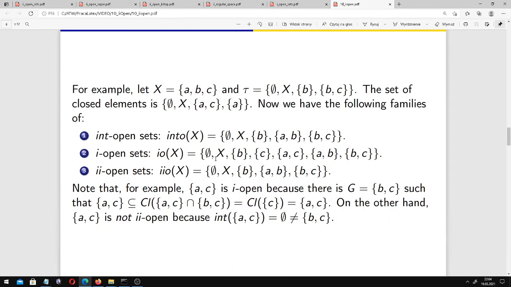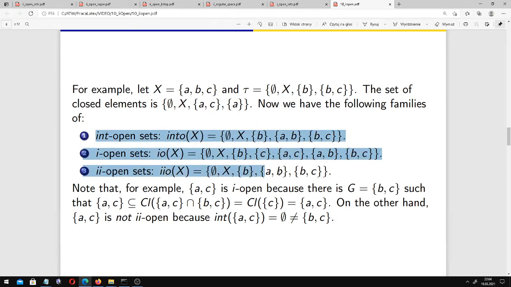For example, let X be A, B, C, three elements. Very simple, finite universe. And our topology consists of the empty set, the whole universe X, the singleton of B, and this set which contains B and C. The set of closed elements, or complements of open sets, is the empty set, X, AC, and A. And now we have the following families of int open sets, I open sets, and II open sets.